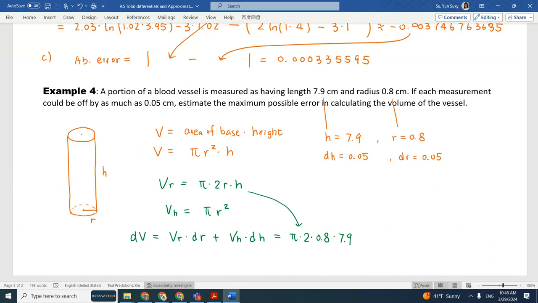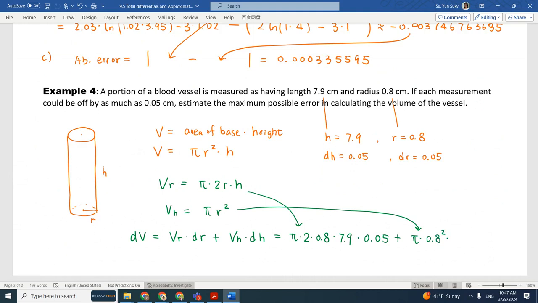This is V_r. What is V_r? Times dr, 0.05. Yep. Plus V_h, pi r squared. What is r? 0.8, yeah, 0.8 squared. And dh.